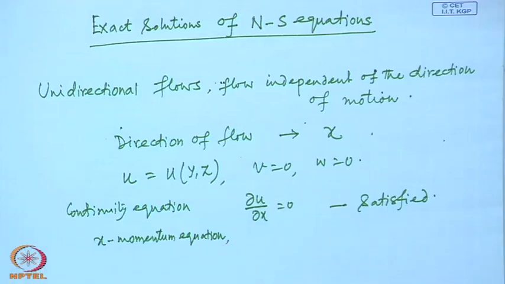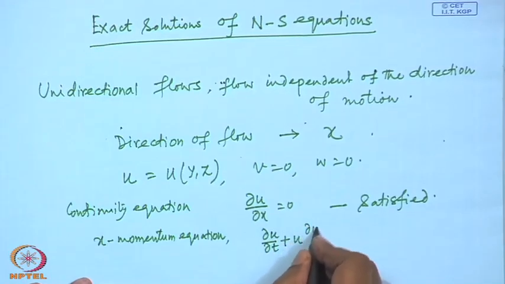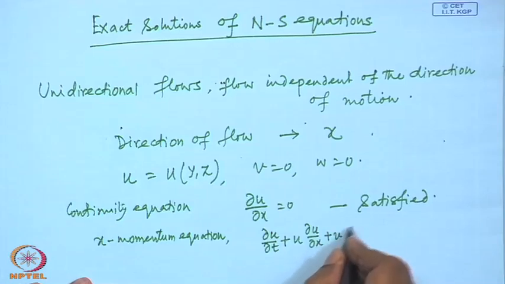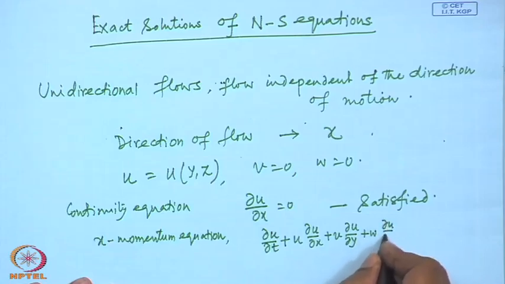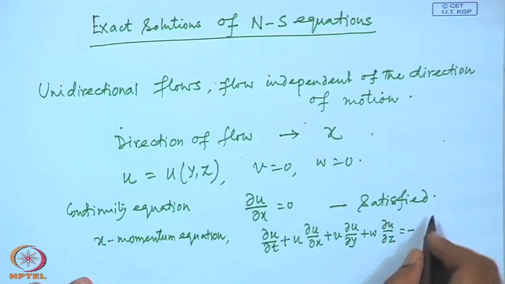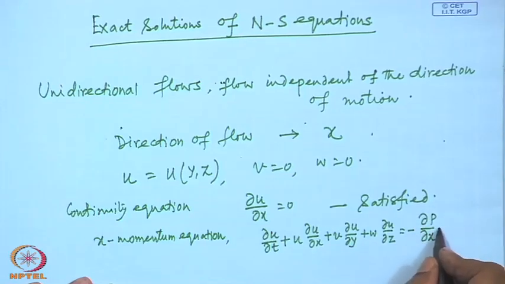If you look at this equation, the x component of momentum equation will be, the rho we will take to the right hand side, du dt plus u du dx plus v du dy plus w du dz equal to, in terms of that modified pressure, plus nu Laplacian of u.